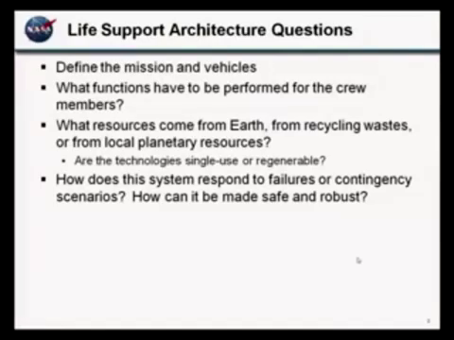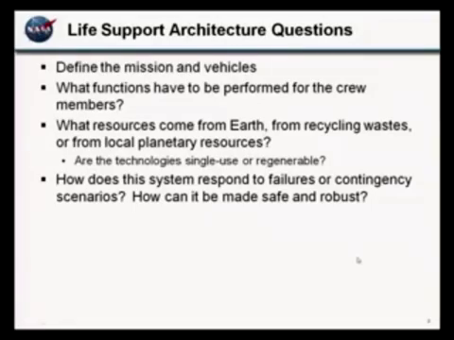You can identify fairly easily the functions that have to be performed for the crew member. You know, Bob kind of started with those air, water, waste sort of things, and of course you can just break them down into many sub-functions. And then you have to decide how you're going to perform those functions. How are you going to get the resources that you need to give the crew their best chance of survival?